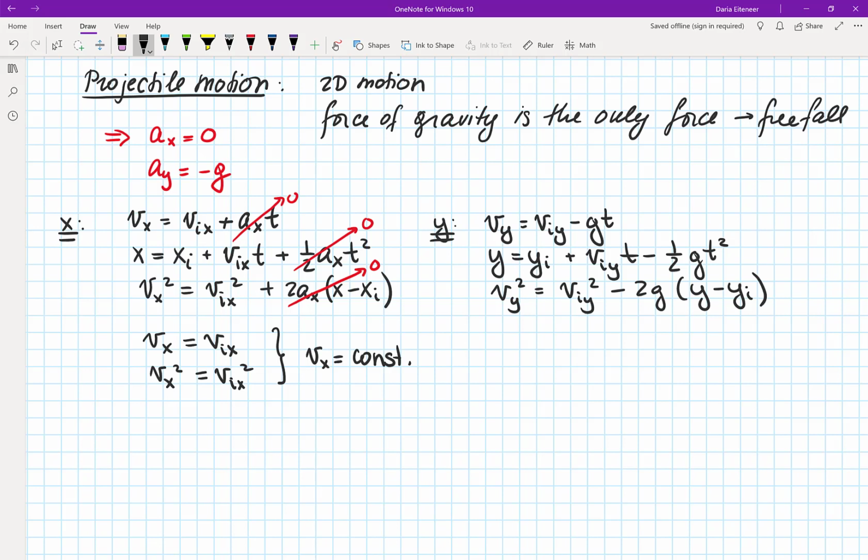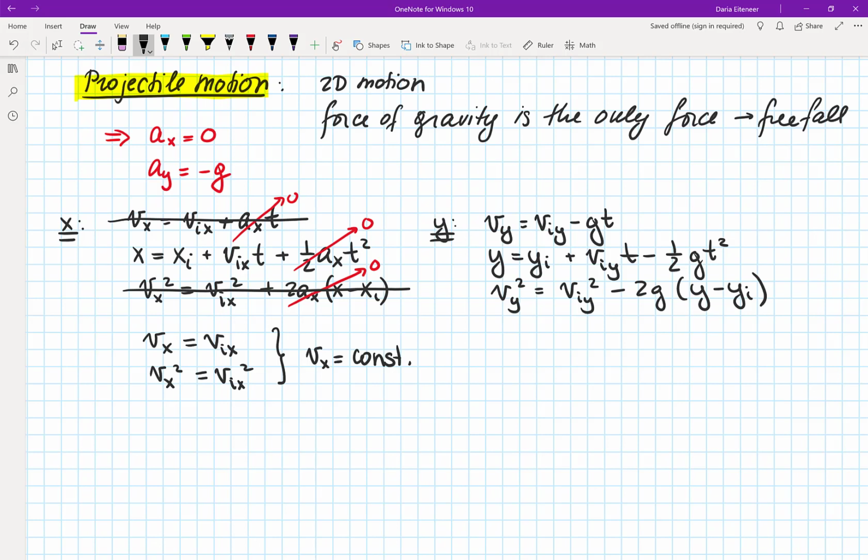If I'm specifically talking about projectile motion, that's the key. We can actually get rid of those two equations in the x direction because they really don't tell us anything new other than vx is constant. But we already know that, right? So those two are unnecessary.